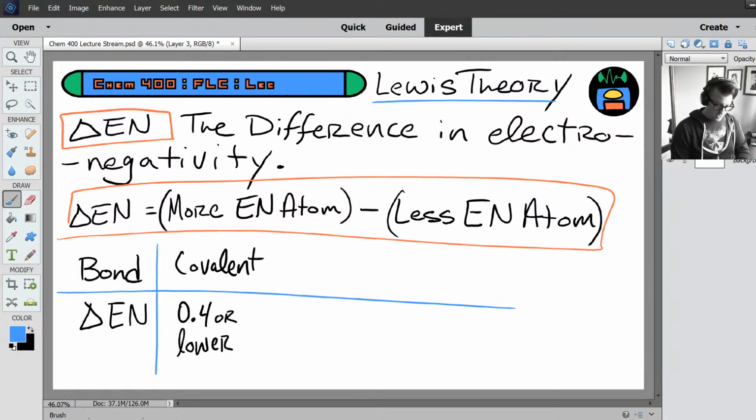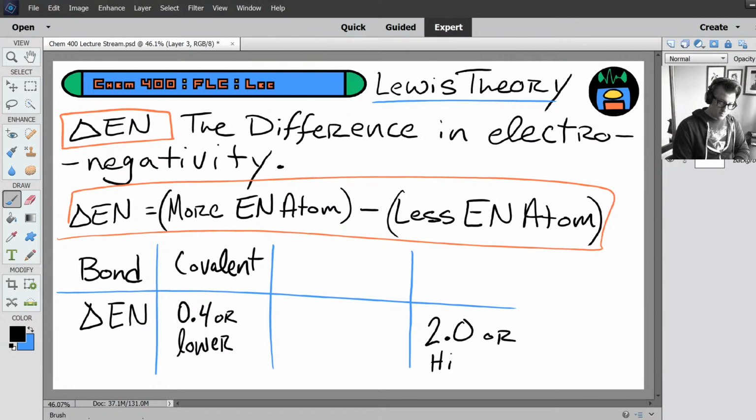We're making a chart here. If the difference in electronegativity between two atoms is 0.4 or lower, we call it a covalent bond. If the difference in electronegativity between two atoms is 2.0 or higher, then those two atoms form an ionic bond.